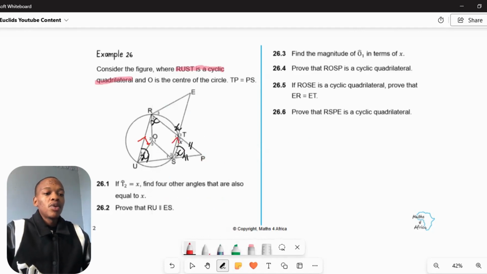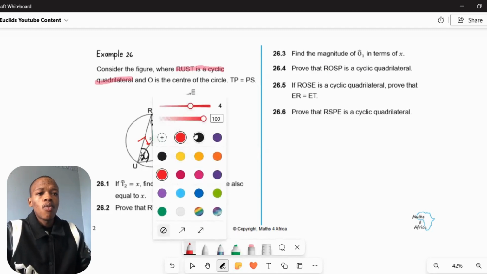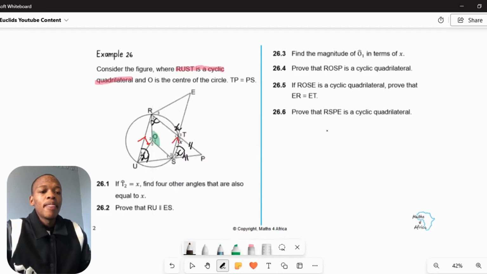Right. So 26.3. Find the magnitude of O1. Where is O1? Let's go and highlight it. The magnitude is just an angle. Find the angle of O1. O1 is the angle at the center. You know the story. Angle at the center is twice the angle at the circumference.